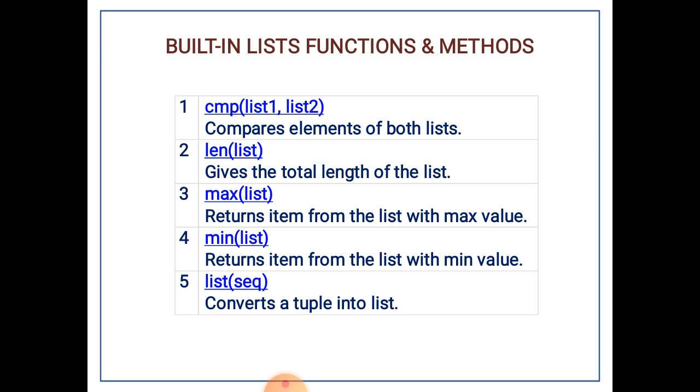So there are several things we can do on a list, but a tuple cannot be used for such things. A tuple is only a read-only list. We can just read the elements in it, that's all. We cannot edit the elements in a tuple. So there is an option to convert that tuple into a list. A tuple that cannot be modified can be made modifiable using the function list of seq. So list of seq is a function that converts a tuple into a list.